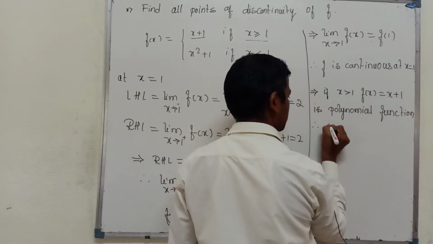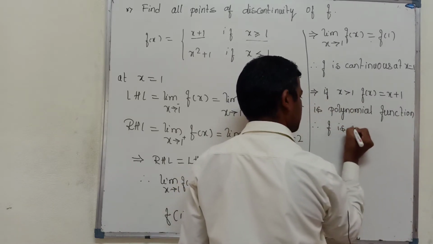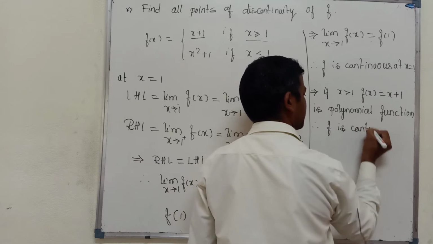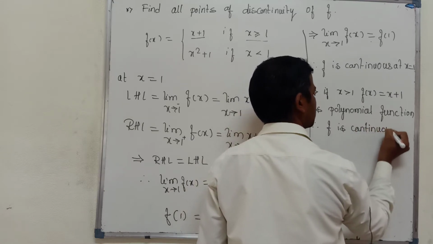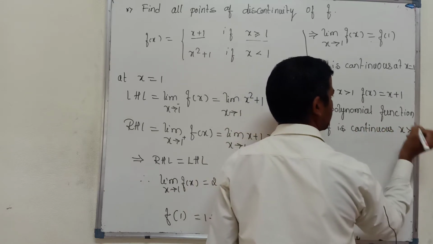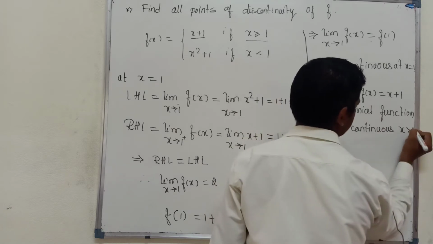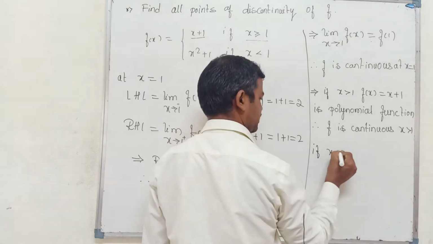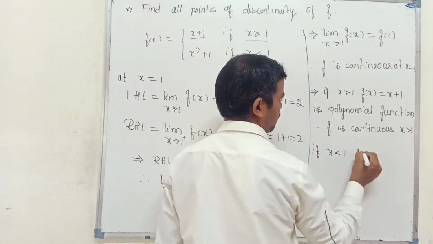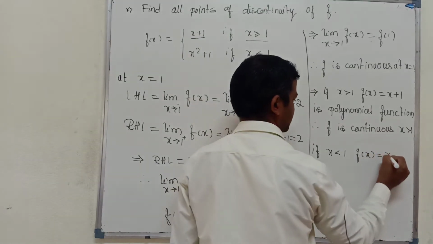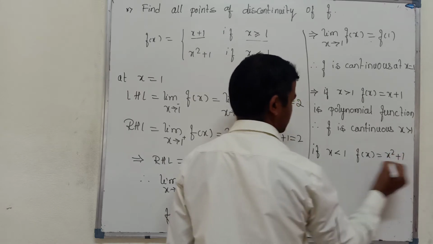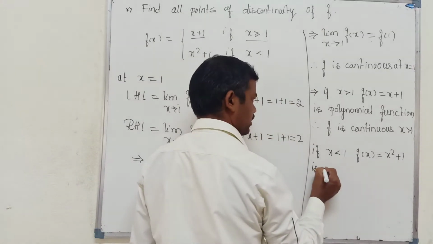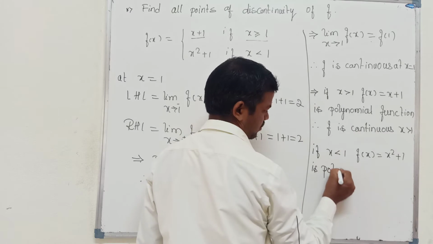Therefore f is continuous for x greater than 1. And if x is less than 1, f of x is x square plus 1, which is a polynomial function.